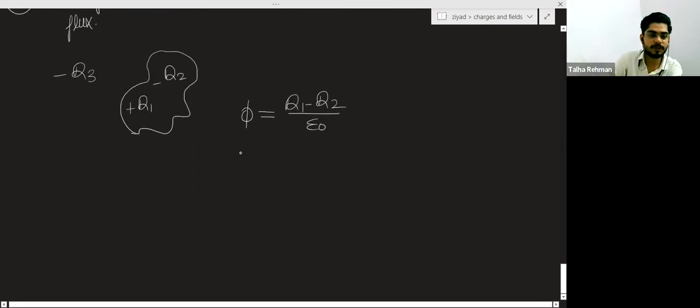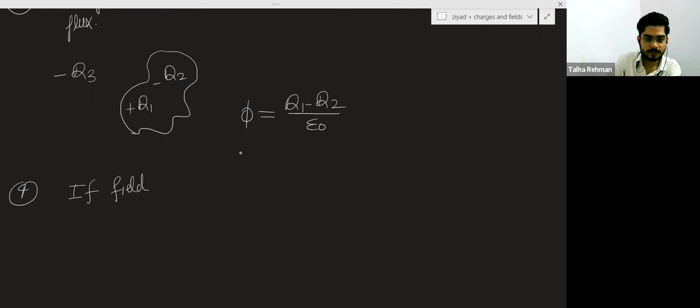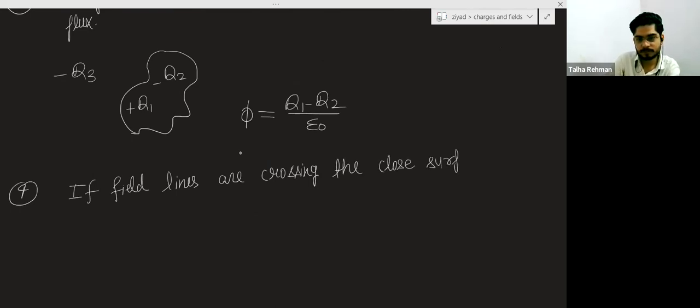Now the fourth point is, if field lines are just crossing the closed surface, the flux is zero.